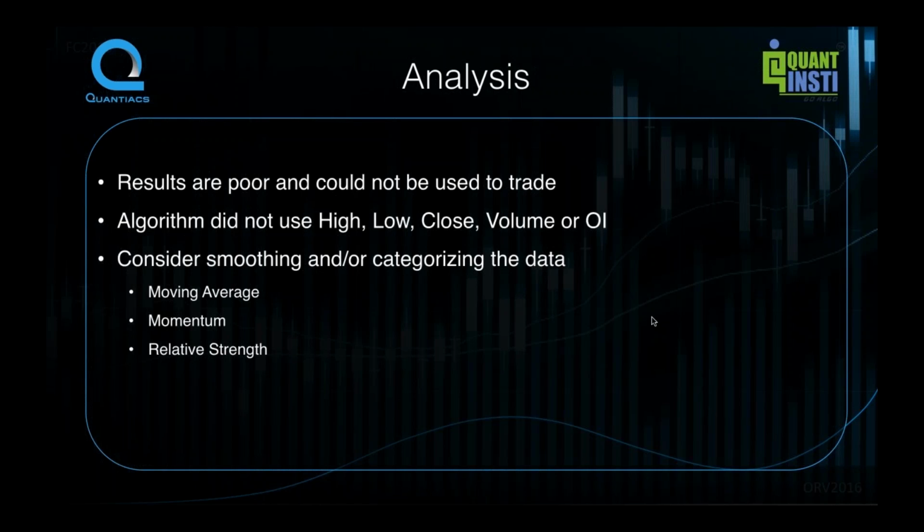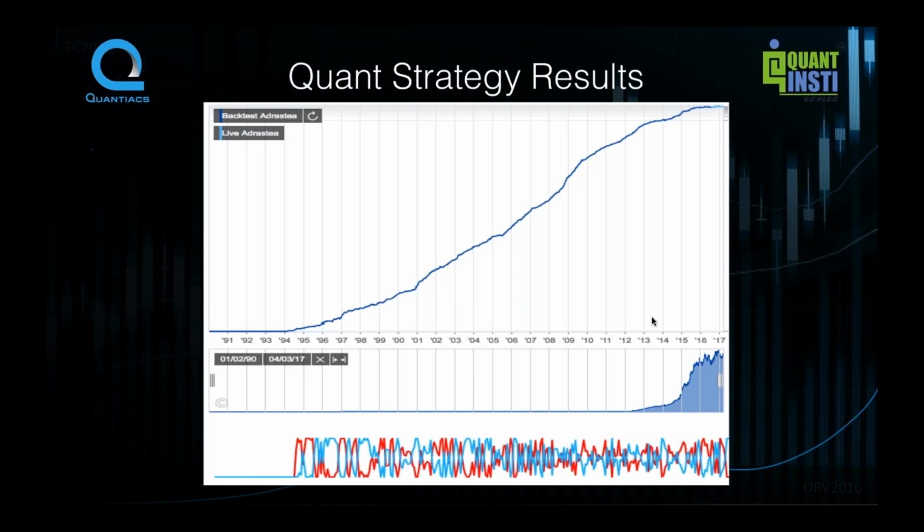Just to show that this problem is solvable, what we are looking at here is an actual algorithm submitted by one of our quants. And as you can see, his fitting is extremely good historically. And while you really can't tell, this light blue part is its performance with live data.